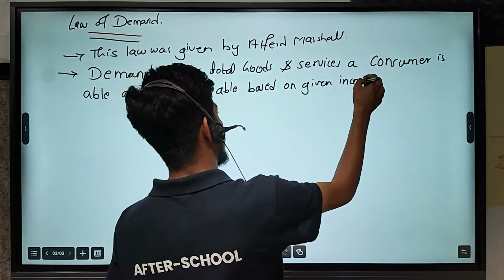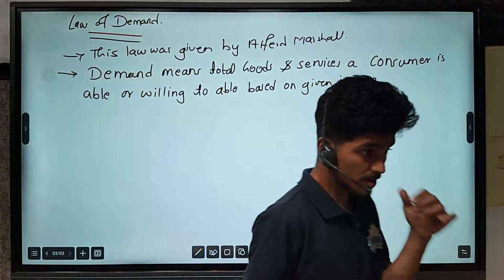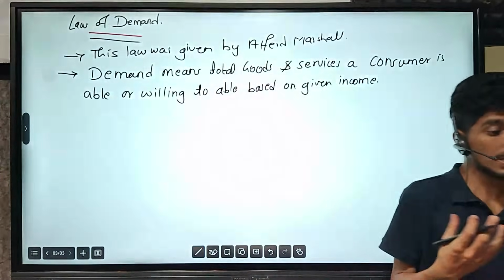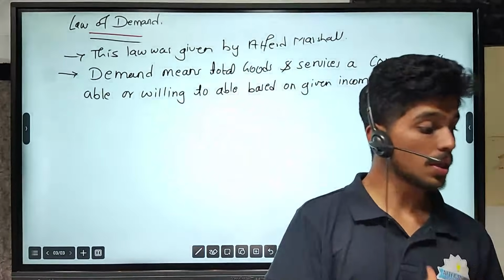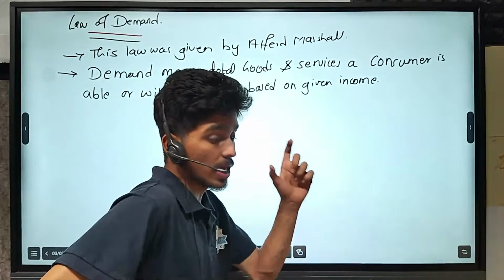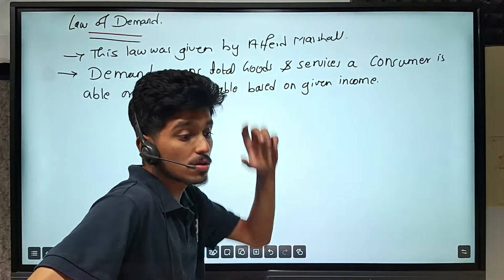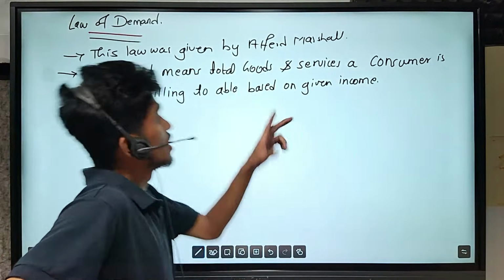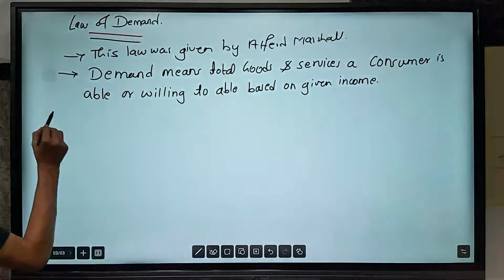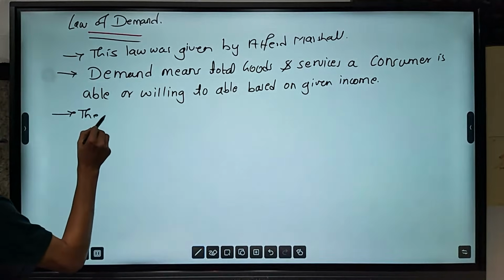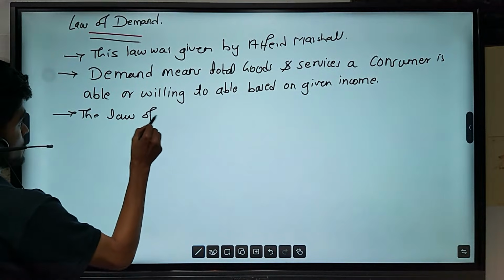So what is demand? Demand means the total goods and services a consumer can purchase with the given income. Whatever his income is, with that income he can consume and buy goods and services. That is called demand.